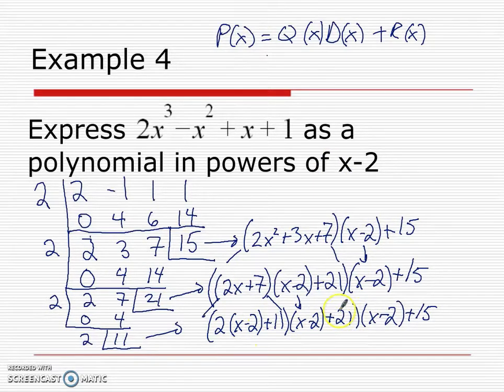Well, from this step, we can now produce the polynomial in terms of x minus 2 instead of in terms of x. And the way that we do that is sort of by partially expanding, if you will. But it's actually easy to see from just looking at this, right? Let's start from the x minus 2 cubed term, right? I've got 2 times x minus 2. But this 2 times x minus 2 is going to get multiplied by x minus 2 again. So this is 2 times x minus 2 squared, right?